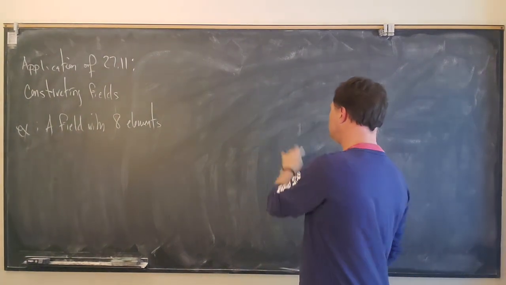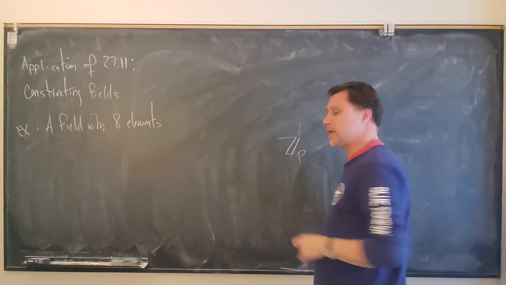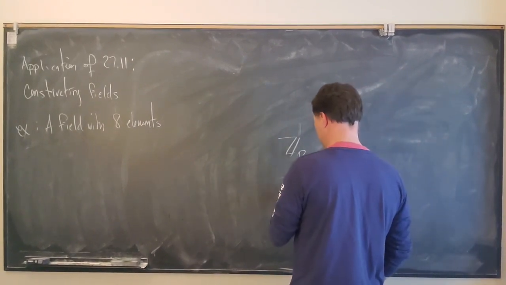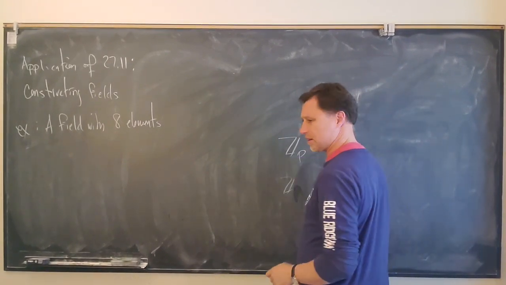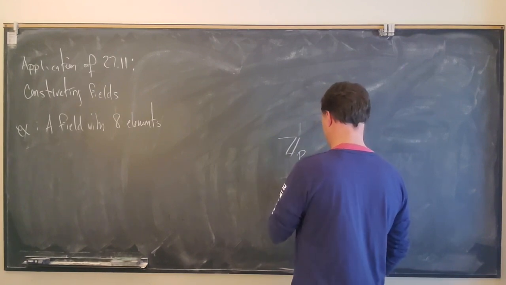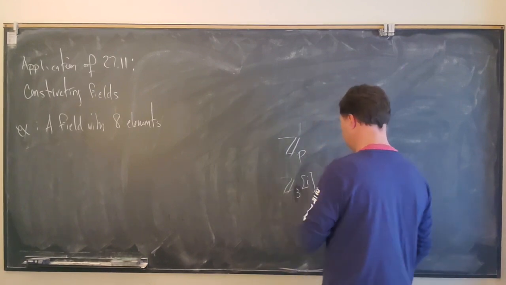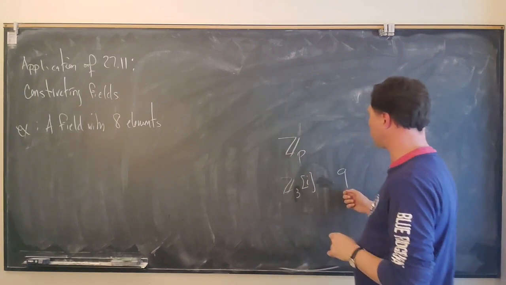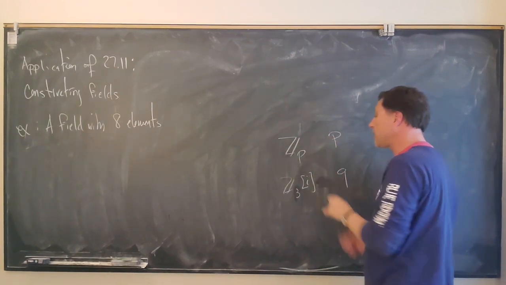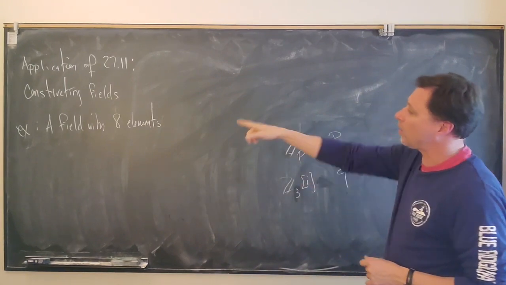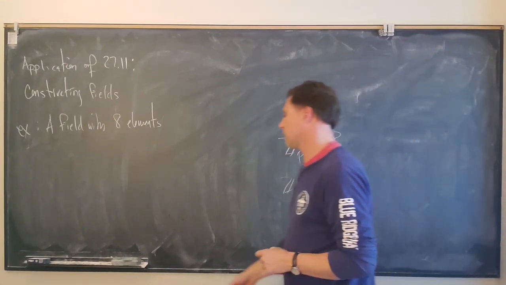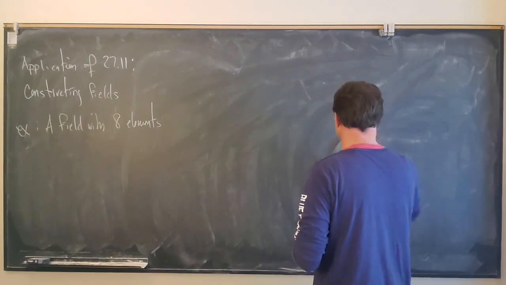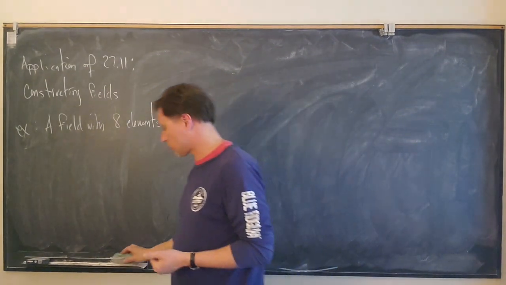We have Z_p, and I did Z_3[i], right, this one has order 9. So we know a field of order 9. We know fields of order p, where p is prime. And now we're going to construct one that has size 8. And this is actually going to suggest a general technique for constructing fields.